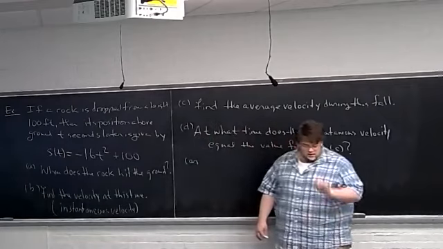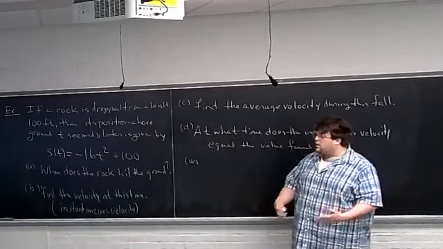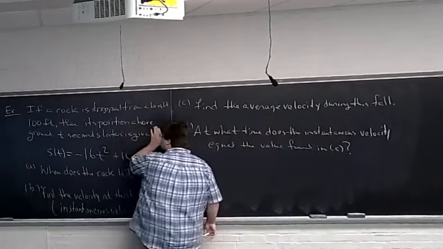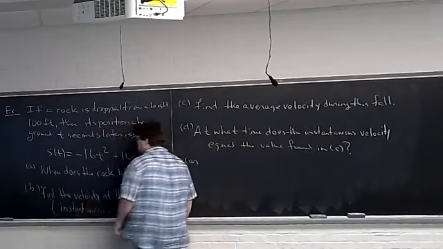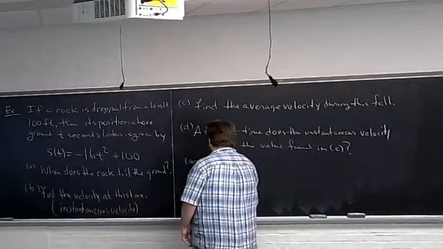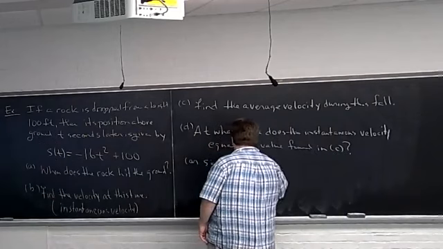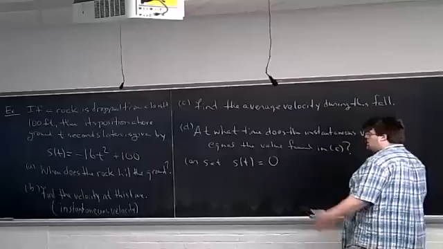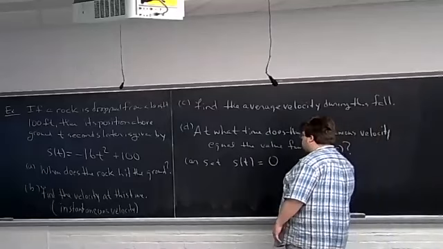When the rock hits the ground, it's 0 feet above ground, because our position function measures height above ground. So it'll hit the ground when it's 0 feet above ground. So here, what we need to do is set our position function equal to 0.